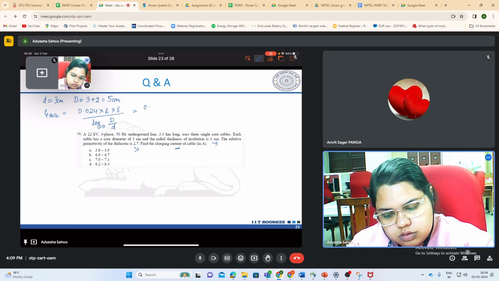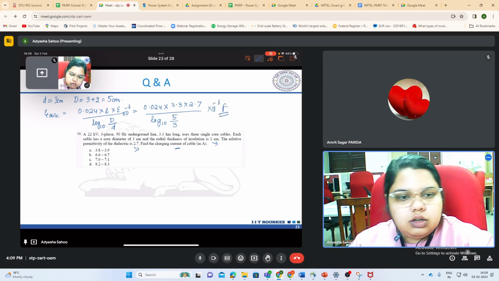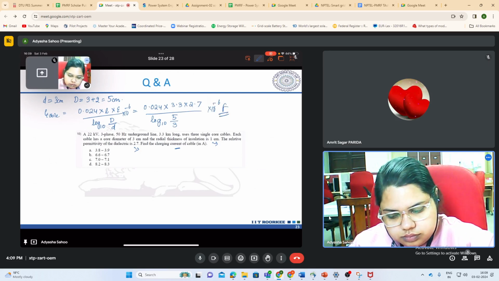So 0.024, 3.3, 2.7, log of 5 by 3, into 10 to the power minus 6 farad, otherwise it is microfarad. So you will get this as 0.964 microfarad.